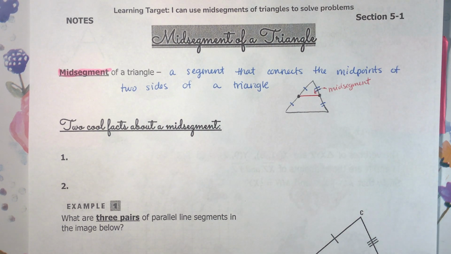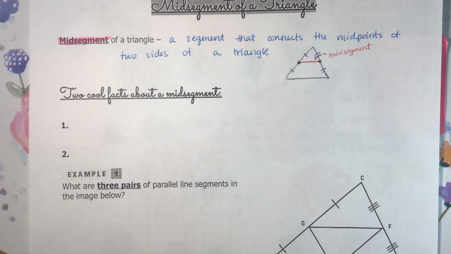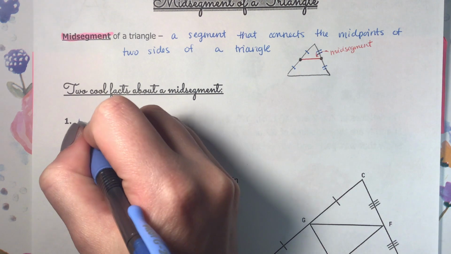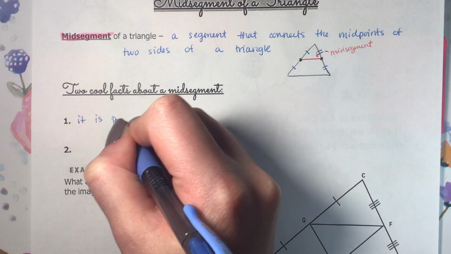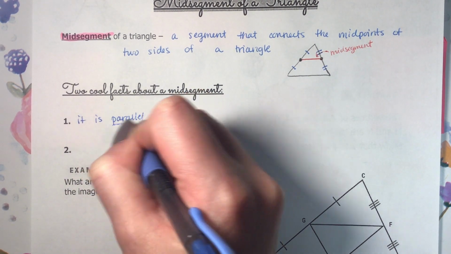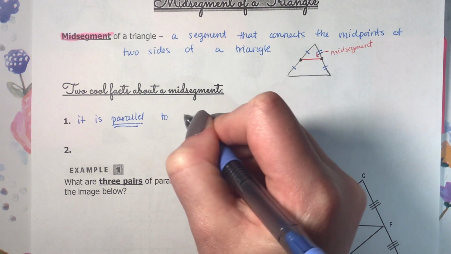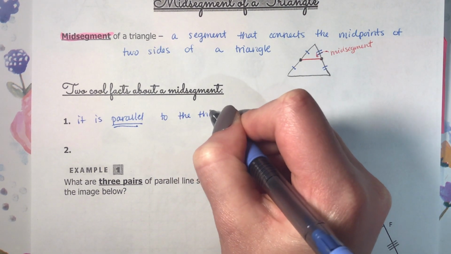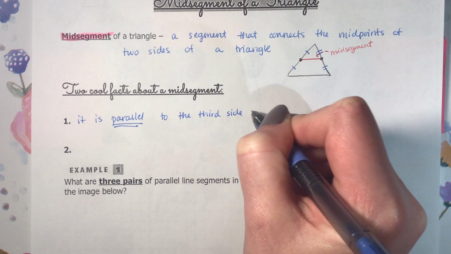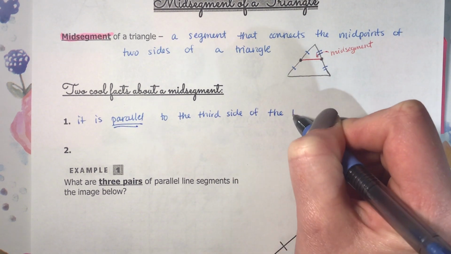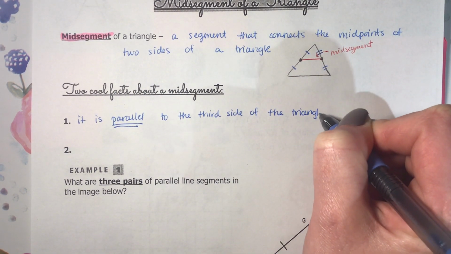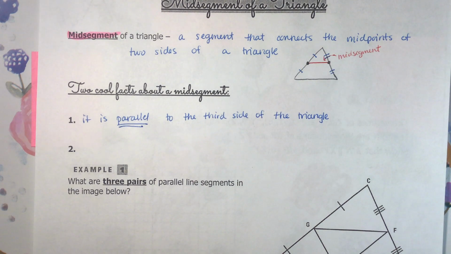Alrighty. Now, let's talk about two properties or facts about midsegments. The first is it is parallel to the third side of the triangle. Now, what do I mean by the third side?